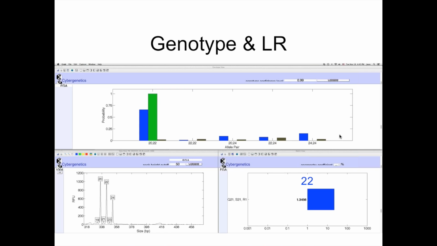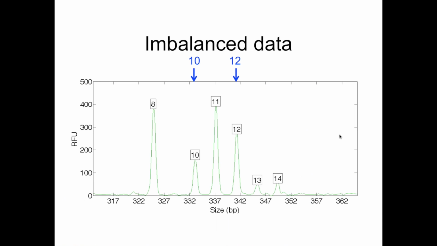And shown is a blue bar to the right with the log of the likelihood ratio at this FGA locus in ban units as 1.3456. So this is the picture of DNA at a locus when the pattern that we see in the data is faithful to the allele proportions that are present in the sample.